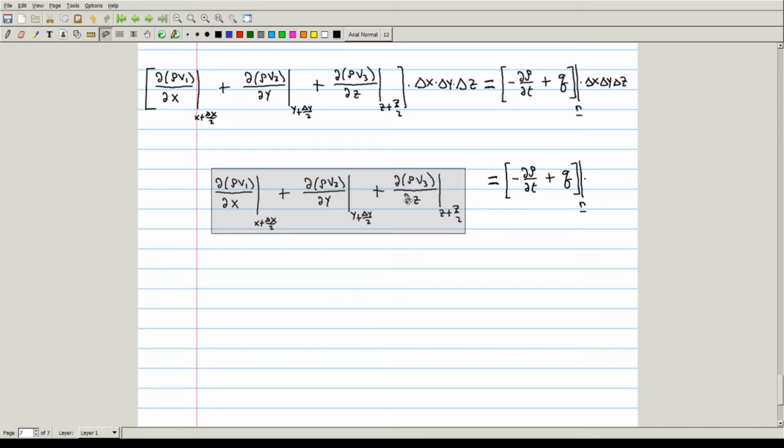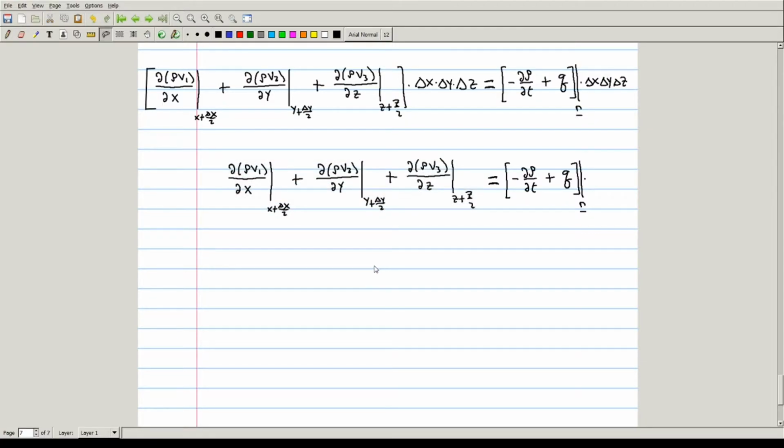And not only that, but this should be a delta right here, and a delta right here. What we're really considering is that this is all an approximation until we take the limit as delta x, delta y, delta z go to 0.